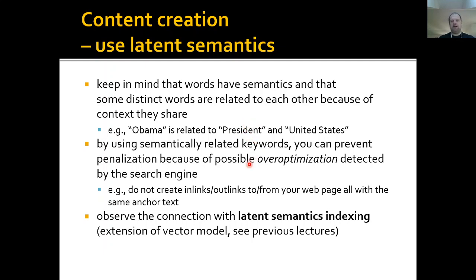It's not natural. Again, it goes against the organic nature of the content. So it's good to use semantically related keywords, using a broader set of terms. This has a connection with latent semantic indexing, which we also mentioned in the vector space model, but here from the content creation point of view.